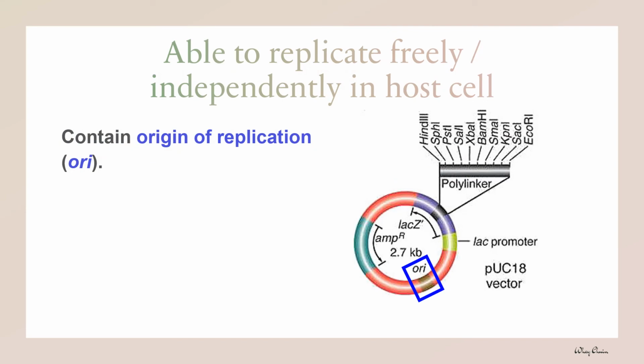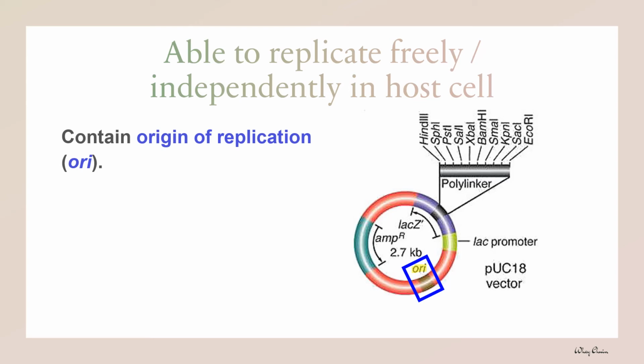The next characteristic of a cloning vector is they're able to replicate freely or independently in host cell. Plasmid, or the example pUC18, they have the origin of replication, which is written with the abbreviation ORI. ORI means a sequence of nucleotide base pair that initiate the DNA replication.